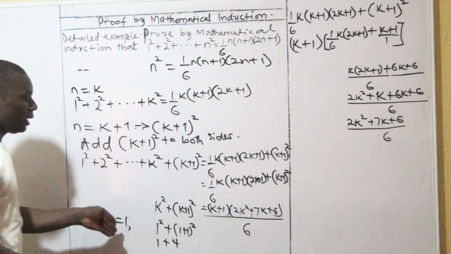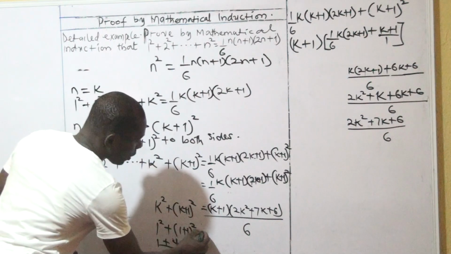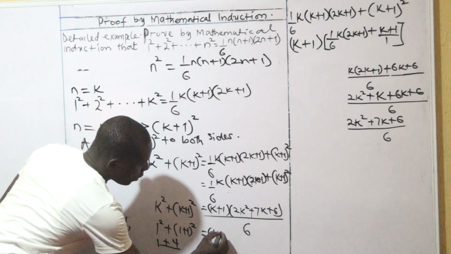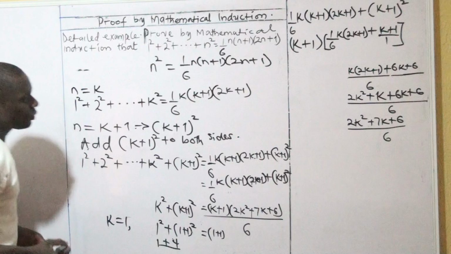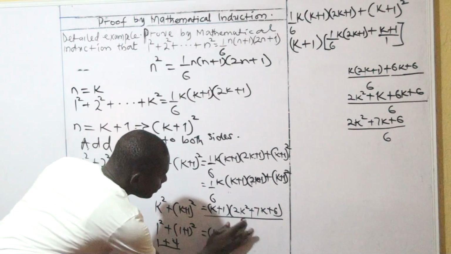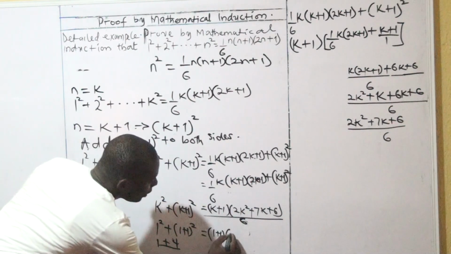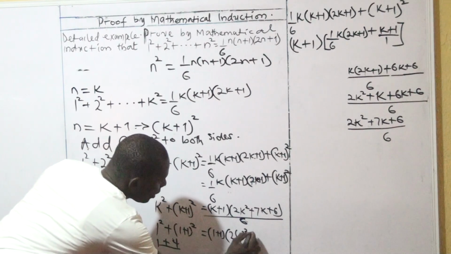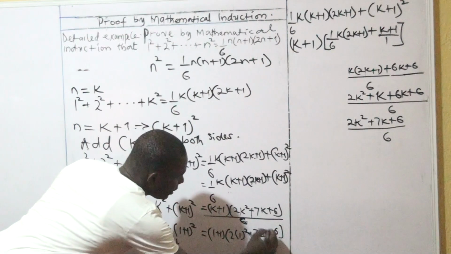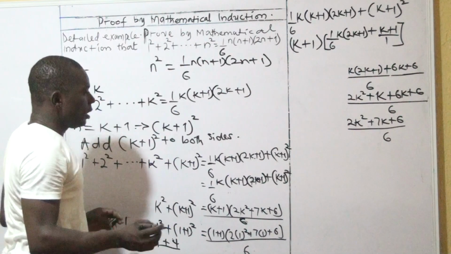So you see on the left hand side, the quantity here is 5. So let's look at the other side here. Here we have k plus 1, which is 1 plus 1, open bracket, this is 6. Okay. Here is 2, open bracket 1 squared, 7, open bracket 1, close bracket, then 6, everything over 6.